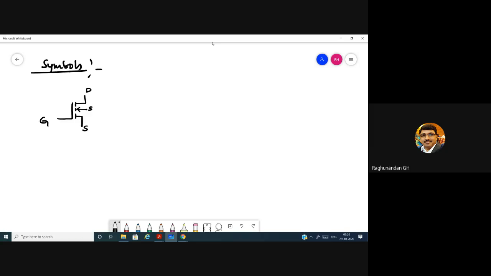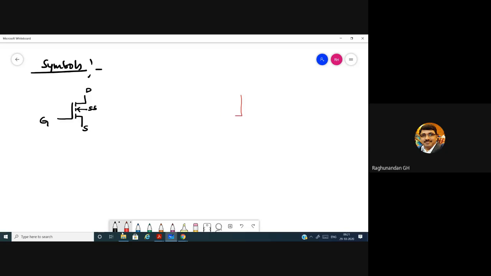This is the substrate. What can you understand by this symbol? See, there is a dotted line, the breakage line between drain and source. This indicates there is no fixed channel which is going to connect the source and the drain.